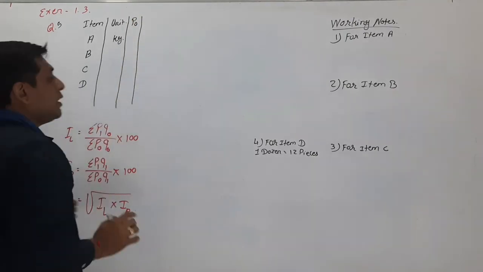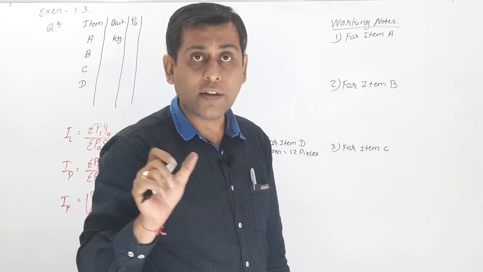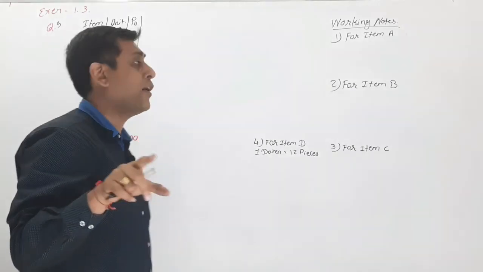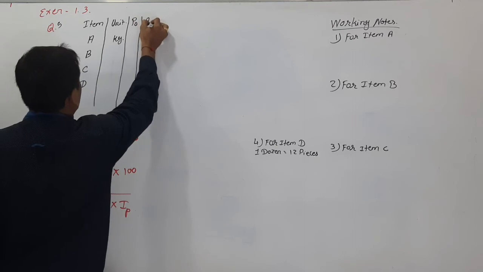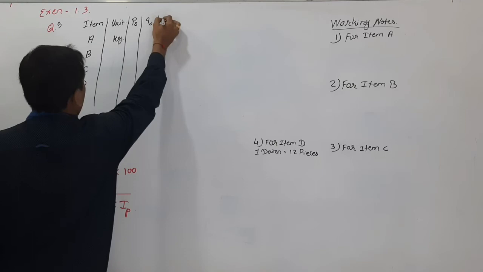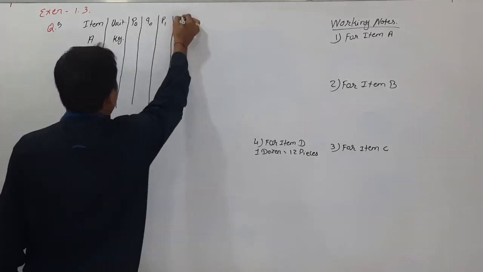In the previous question price and price were given, then quantity and quantity. Here price and quantity are given. So be careful while reading or writing the question. P0, Q0, then P1 and Q1.